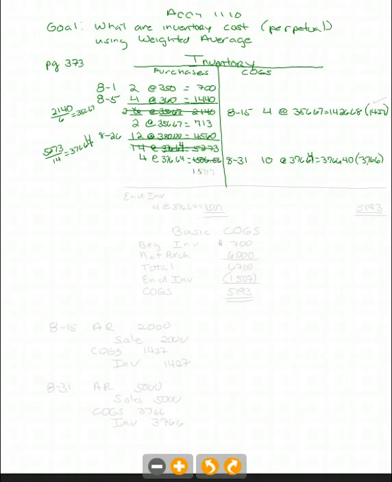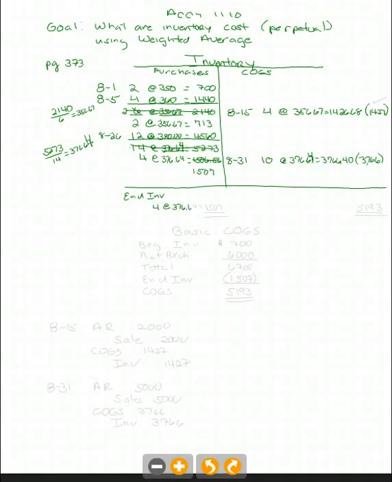Perfect. What does that do to our journal entries? Well, on 8/15, we recorded a sale on account in the amount of $2,000, and the cost of goods sold from that sale, the amount we removed from inventory, was $1,427. This is where the rounding kicked in. Be sure you do that on your homework.